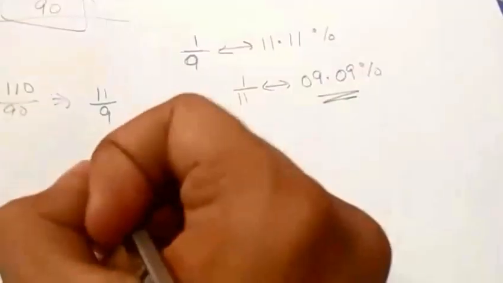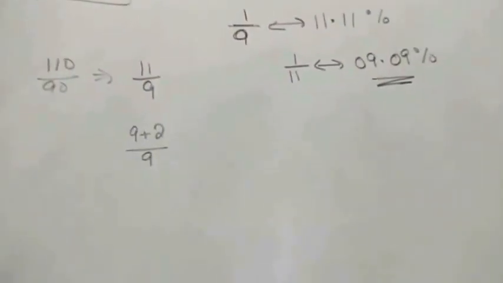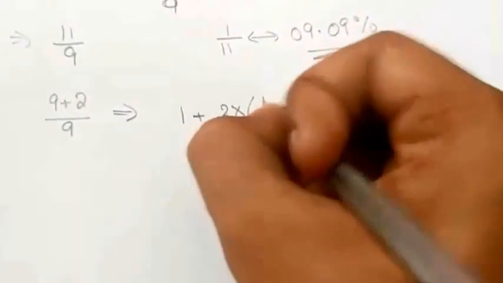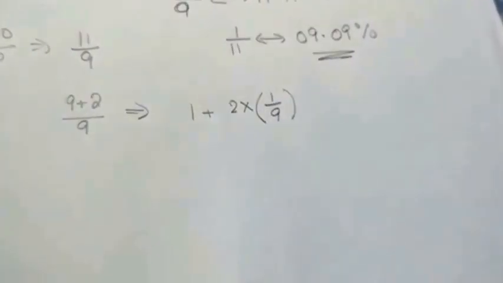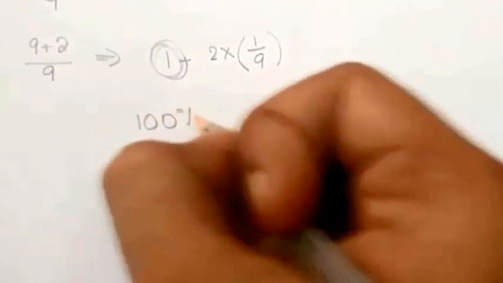So this 11 by 9 is equal to 9 plus 2 by 9, right? 11 is equal to 9 plus 2. And from there we have 1 plus 2 into 1 by 9, right? So what was this one? This one was 100%, right?